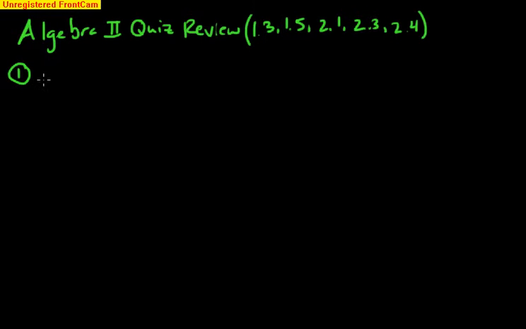The first problem is just solving an equation, but we're going to throw a lot of fractions in this problem. Solve the equation 1/3 x plus 1/2 equals 11/12. If you remember the technique I taught you, when you have many fractions, you need to find what is called the LCD.